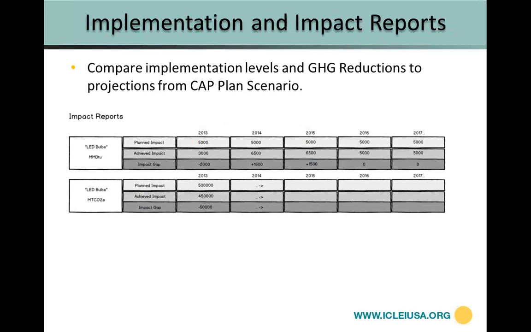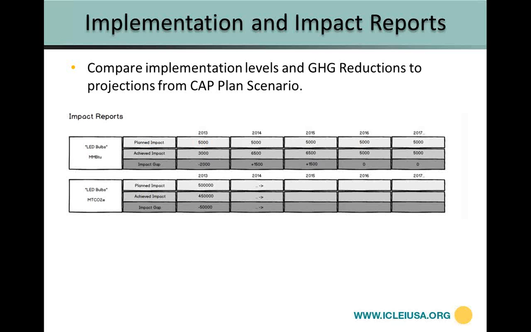So this is just a quick peek at the implementation impact reports. The way it works is it takes the measure from the planning scenario, and it establishes the planned impact of that. In this particular case, looking at an LED light bulb project, a local government wants to replace 5,000 street lights, we could say, or 5,000 LED lights in all of their municipal buildings.